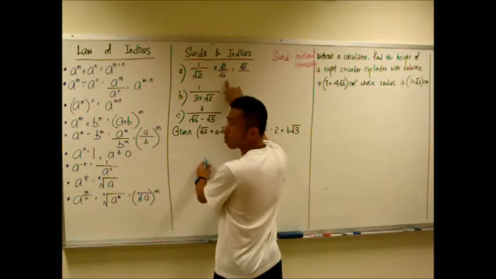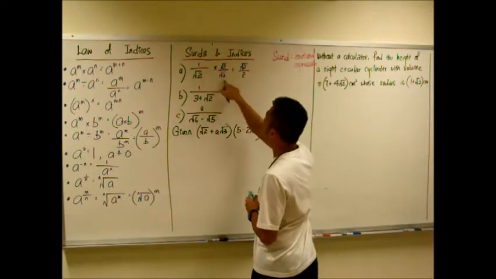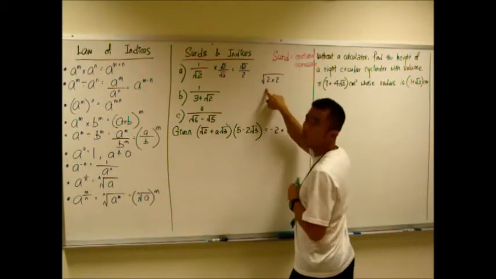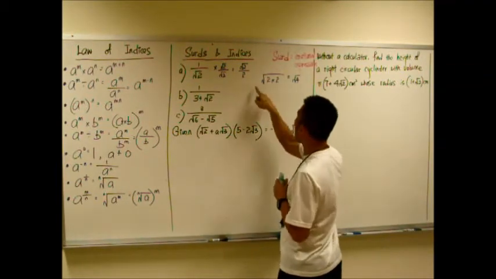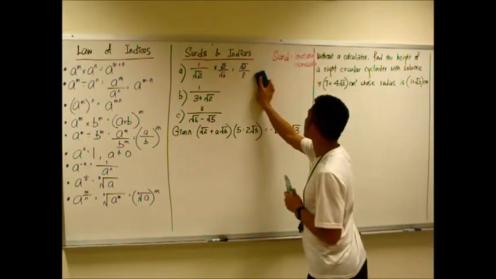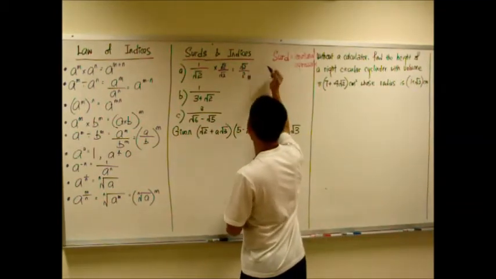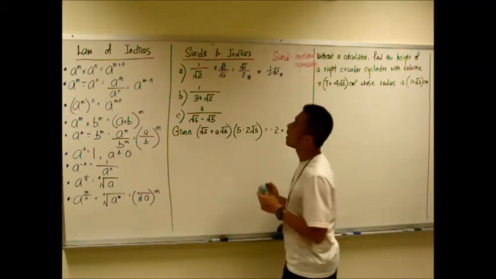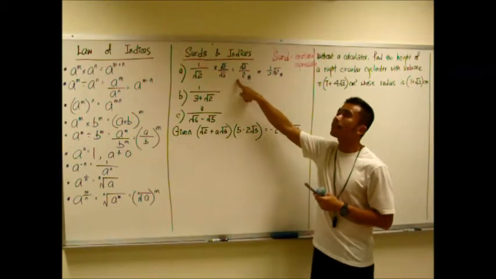Root 2 times root 2, you will just get 2, because root 2 times root 2 can be seen as 2 times 2 under the square root, and this is the square root of 4. So the square root of 4, you will just get 2. And this is done. You can leave it as this answer, or it can also be written this way as well. Both answers are acceptable.